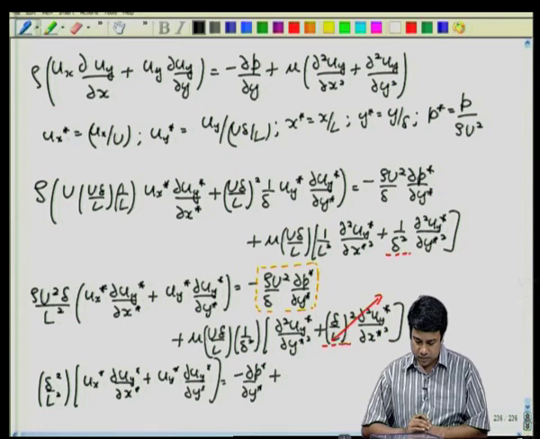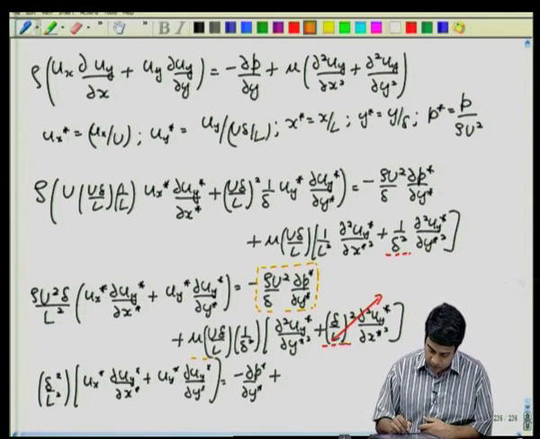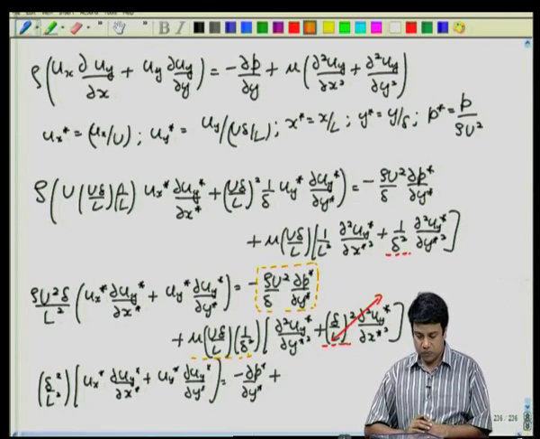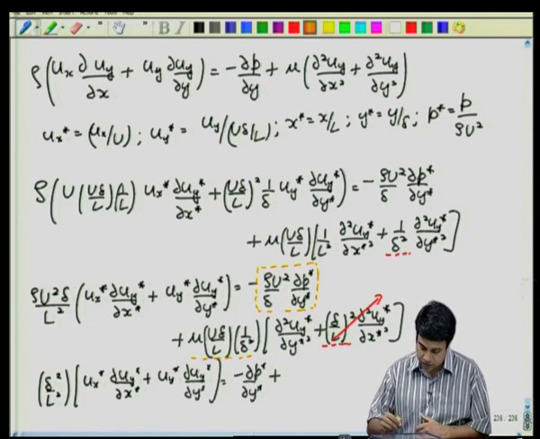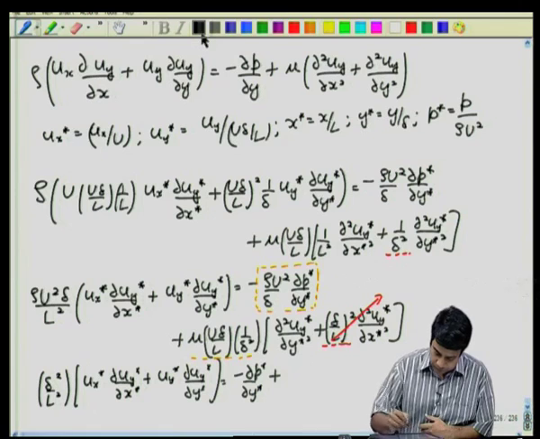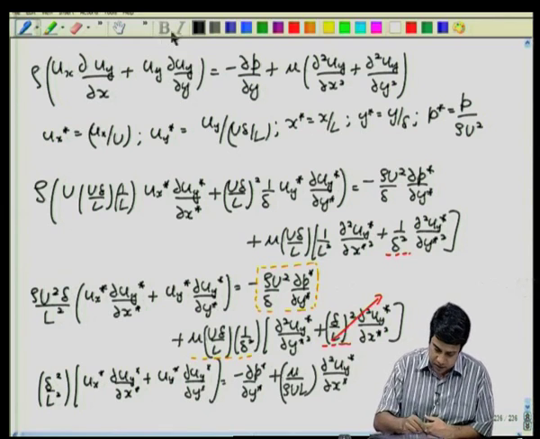For the second term, this term contains mu u by L delta. If I divide by rho u square by delta, you can easily verify that the resulting prefactor that you get will be mu by rho u L, partial y square.